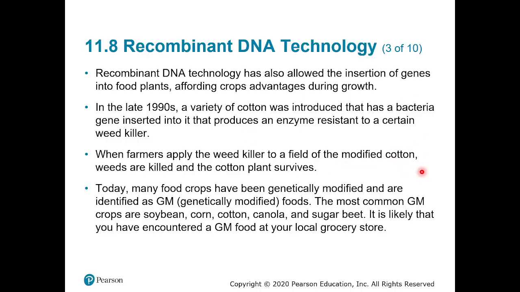When farmers apply the weed killer to a field of modified cotton, you can kill the weeds, and the cotton plants can survive. You can overwhelm that resistance, by the way, and you can poison the soil. But as long as the farmers are careful, it works pretty well. And farmers are quite careful and are very efficient. So never, ever doubt the intelligence of a farmer.